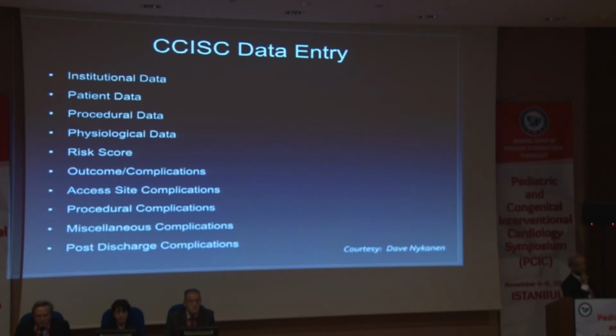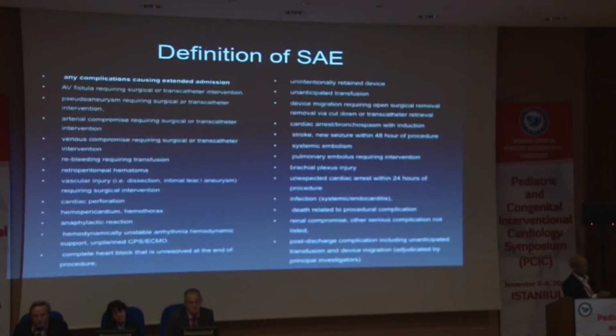The data that is entered, and our own unit submits data to CCISC, is institutional data, patient data, procedure data, physiological data, a risk score is then assigned, outcome complications, access site complications, procedural complications, and then a list of miscellaneous complications, and also longitudinal data, for example, post-discharge complications.